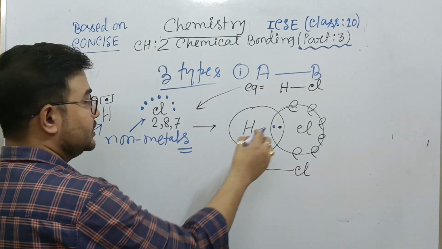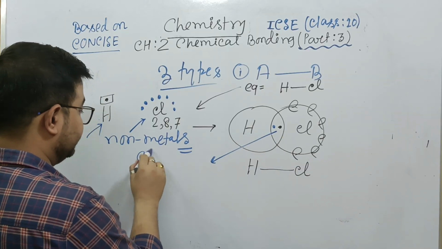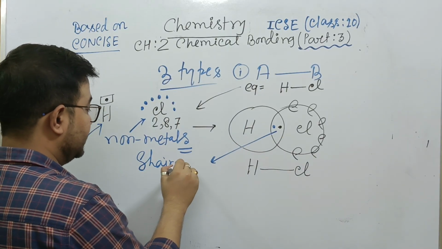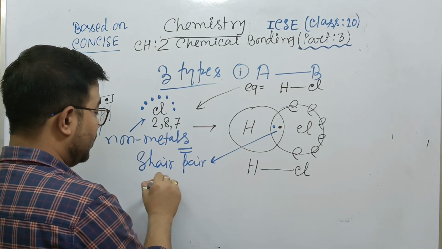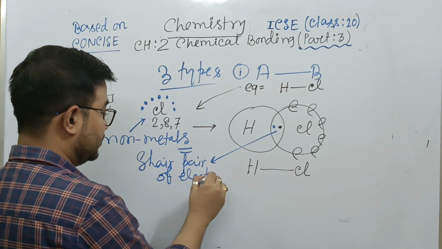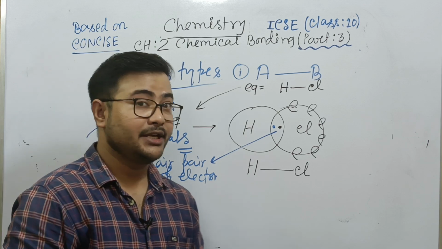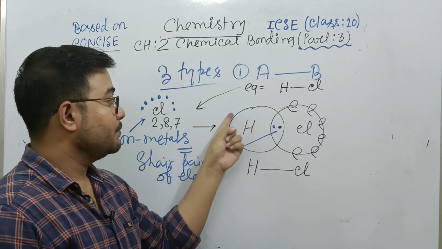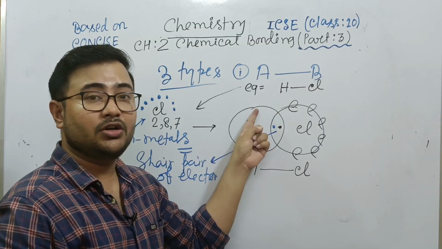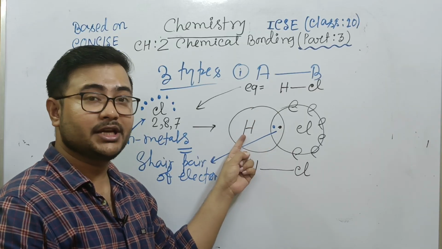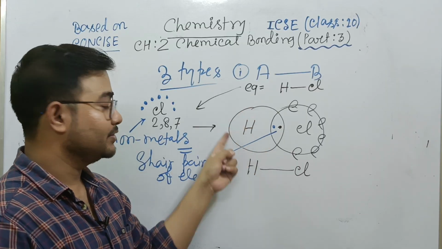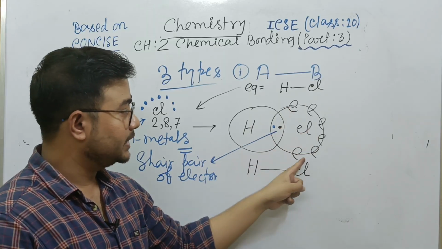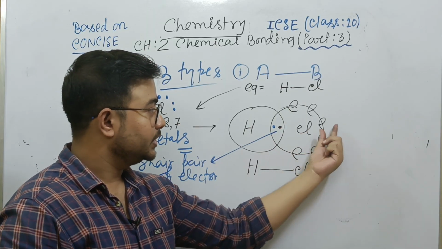Now, can anyone tell me, this is called a shared pair of electrons. Okay, now what is the number of unshared pairs of electrons, or lone pairs, for hydrogen? The answer is 0. See, no electron is present. But what is the unshared pair of electrons here? 1, 2, 3, 4, 5, 6.